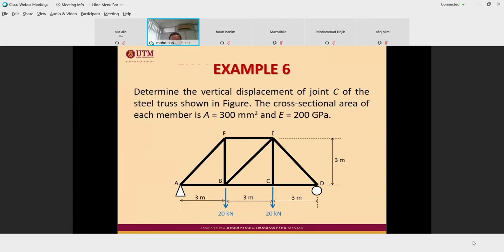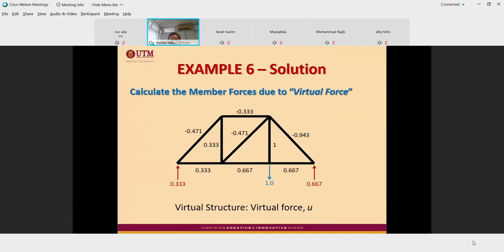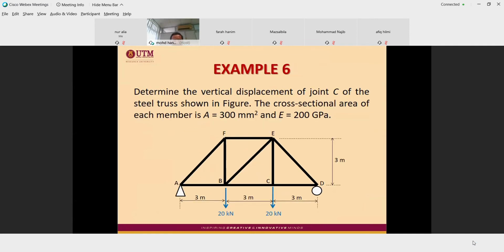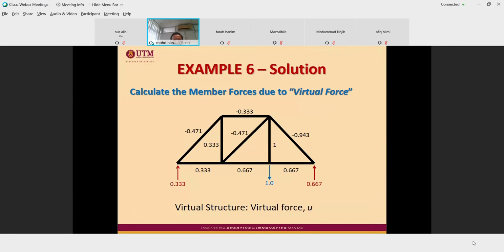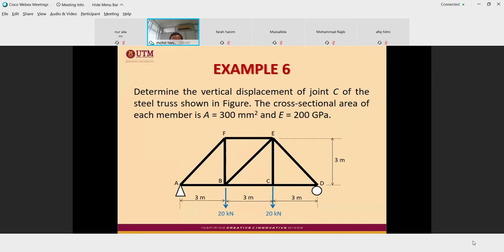In this case, if you want to check the determinacy and stability, we just skip it and go straight to the solution. The first step is to calculate the member force due to virtual force.